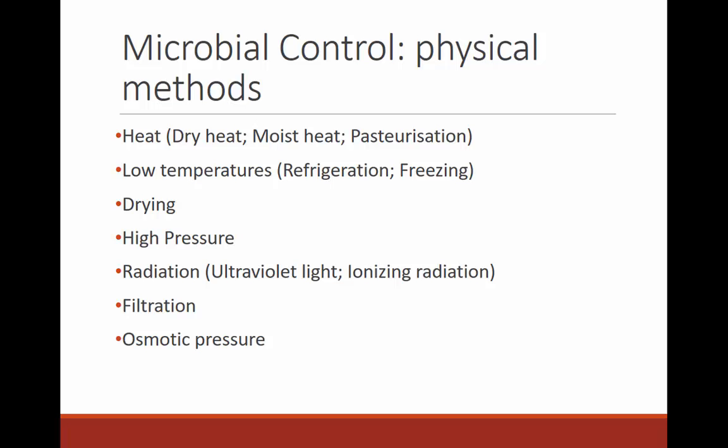Filtration. Now in the prac we filtered some water, and basically we have the filter paper and there's a certain size of pores, so it will capture some of the microorganisms. If you wanted to filter sterilize, instead of a 0.45 micron filter, you would use a 0.22 micron filter.